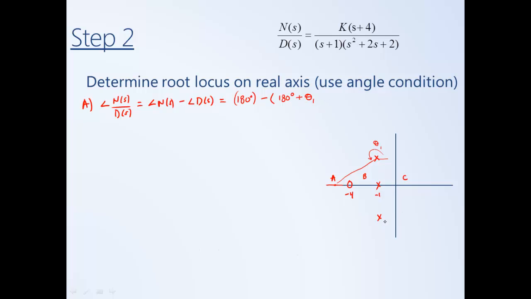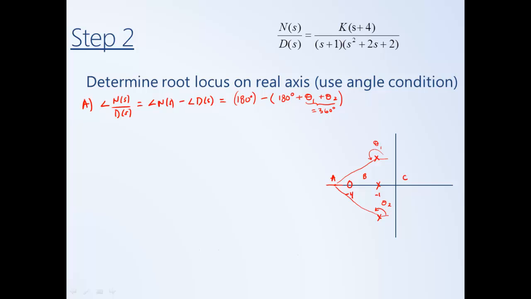and if we drew some vector from that open loop pole to that test point, we have some angle we can call theta 2. You'll notice that this theta 1 and this theta 2 sum to 360 degrees. Okay.